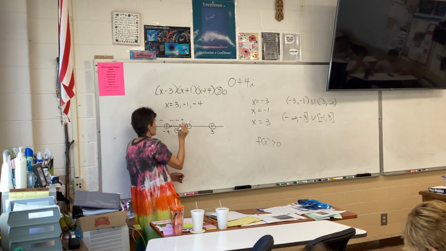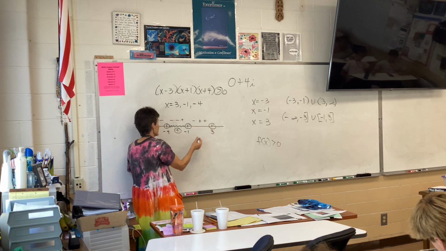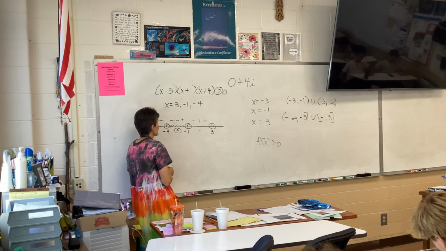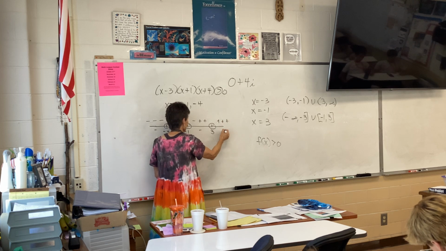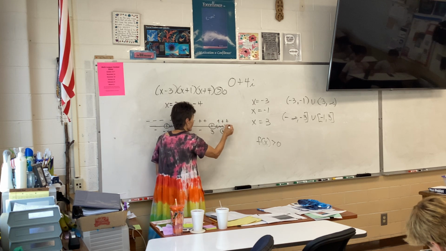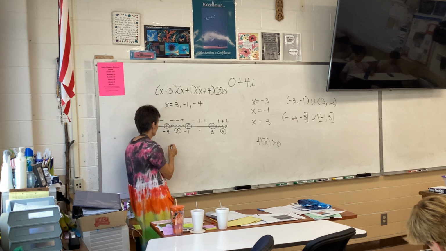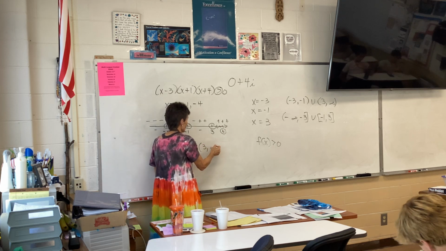Any number, I'll pick 0. Negative, positive, positive. That does not work. That gives me a negative. And 4 gives me positive, positive, positive. That does work, so I'll color that in. -4 to -1. 3 to infinity.